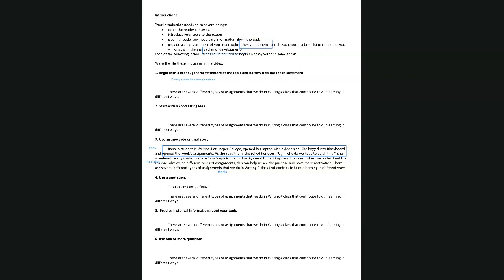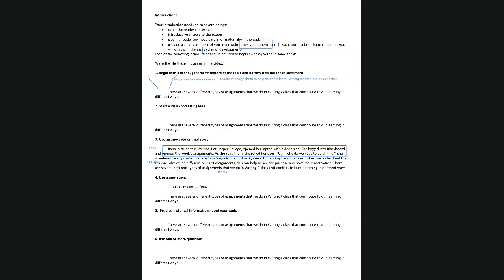Okay, we could now go directly to the thesis. There are several different types of assignments that we do in Writing 4 class that contribute to our learning in different ways. Okay, this introduction style is sometimes called a funnel. The first one is very general: every class has assignments. Then writing classes, and then Writing 4 class.